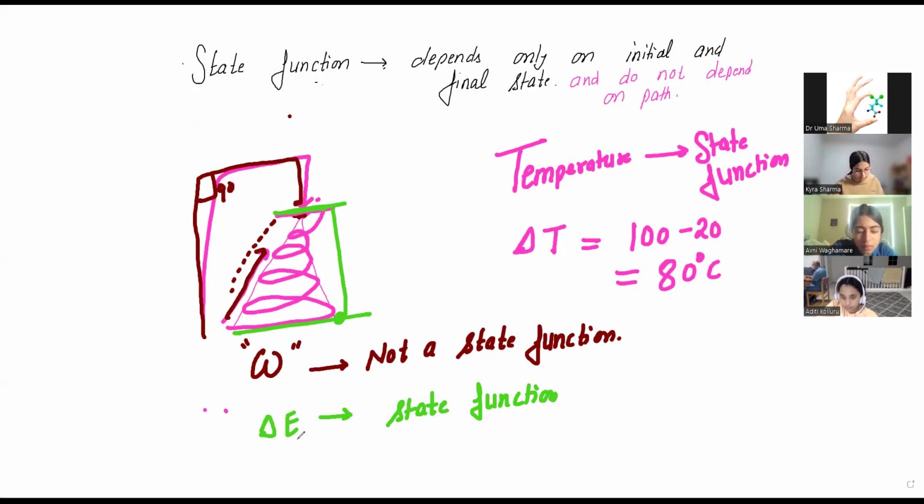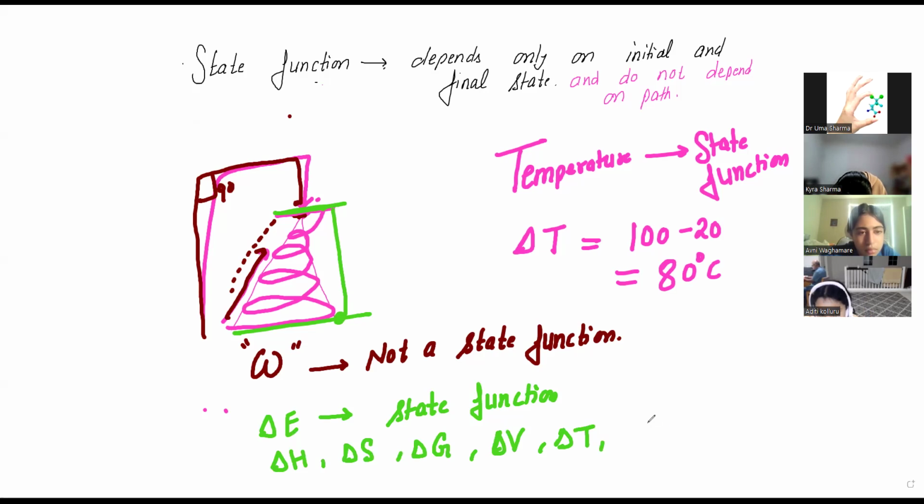So delta E is a state function, delta H, delta S, delta G, delta V, delta T, delta P are state functions. Means they depend on initial and final.